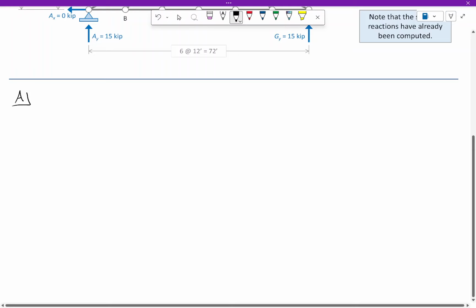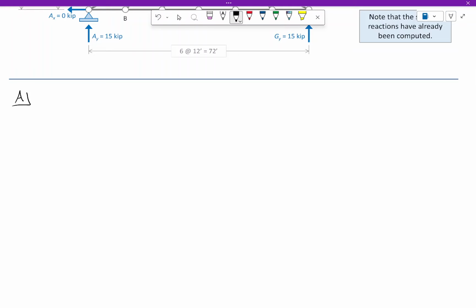Okay. So joint A. First off, let's draw our members. So joint A has 2 members. Are there any loads passing through J? Or sorry, through A? Yeah. Okay, what's the load? 15 kips.